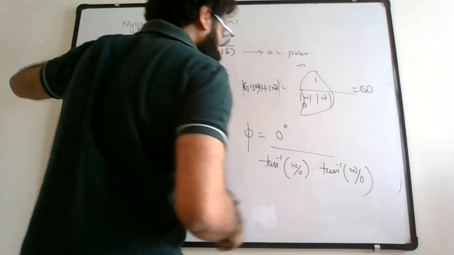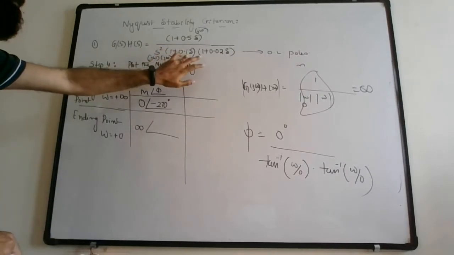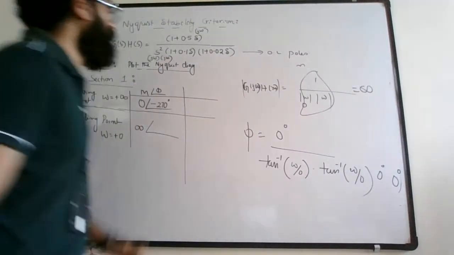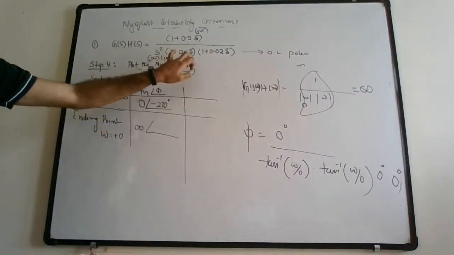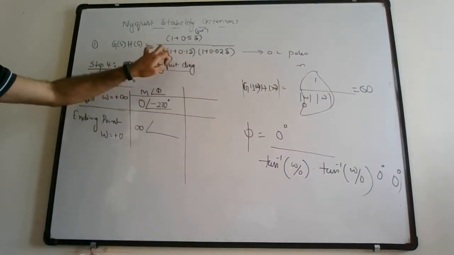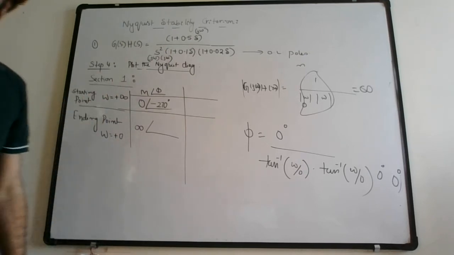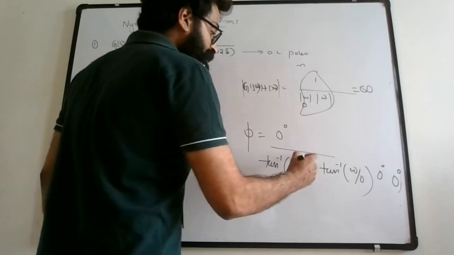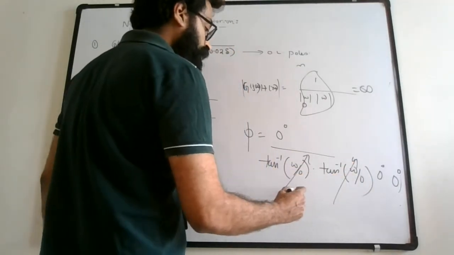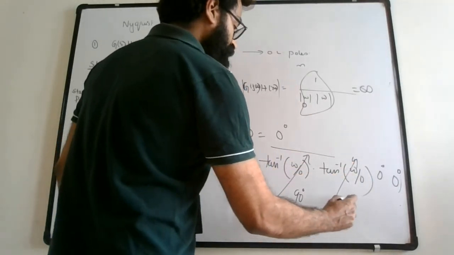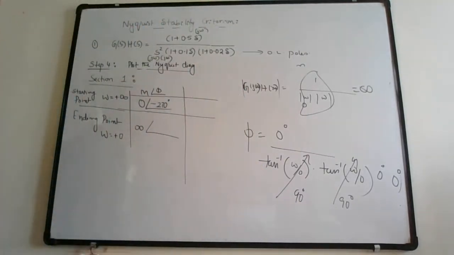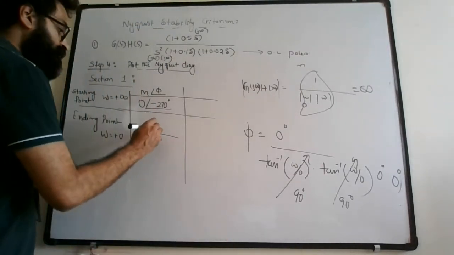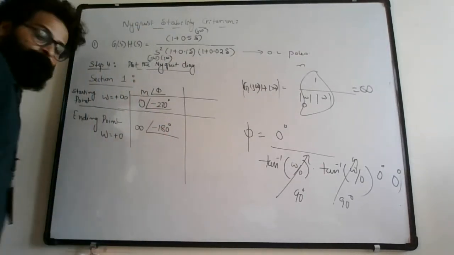It is not into, plus. And then here you will again get 0 degree, because tan inverse of imaginary part divided by real part will give you 0, and tan inverse of 0 is 0 degree. So basically you will get the first two factors in the denominator with 90 degree value, right? So your net angle becomes 0 degree, minus 90 degree, minus 90 degree, that is minus 180 degree.